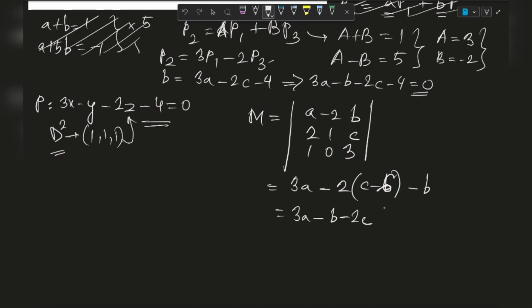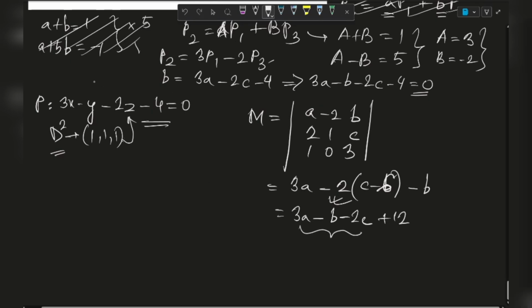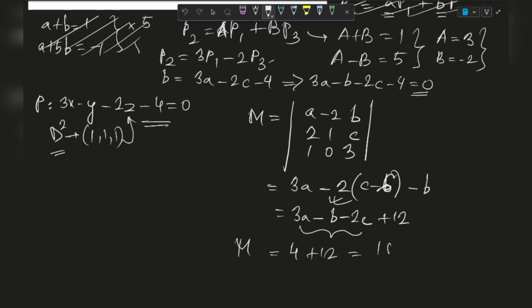So basically now we have 3a minus b, 2c will come from here itself, this is plus 12, and this is plus 2b minus b, so minus b. Now this particular thing here, we already have ready with us. This is 4 plus 12, so our M comes out to be 16.